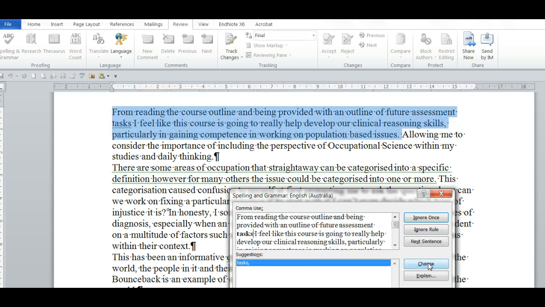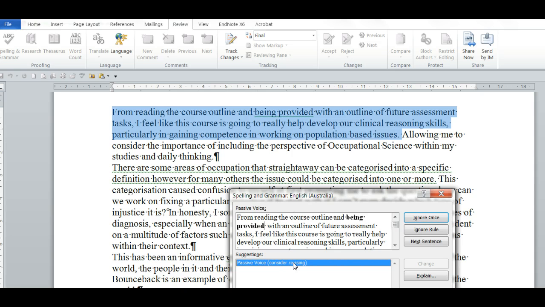Okay, excellent. So from reading the course outline and being provided with an outline of future assessment tasks, that should be a pause, a comma would go there, and it's not. So notice the green squiggly line, it's suggesting a comma, I would change that. Now notice that this being provided or has provided, those kinds of phrases are passive voice.